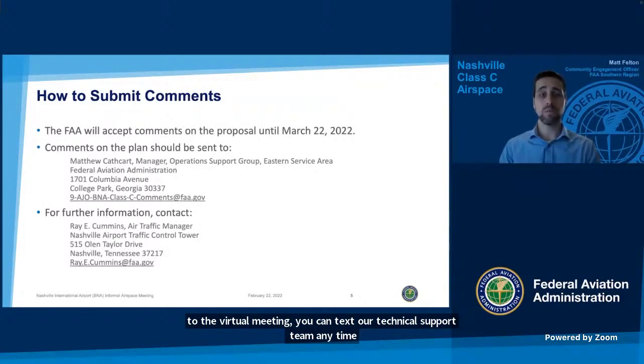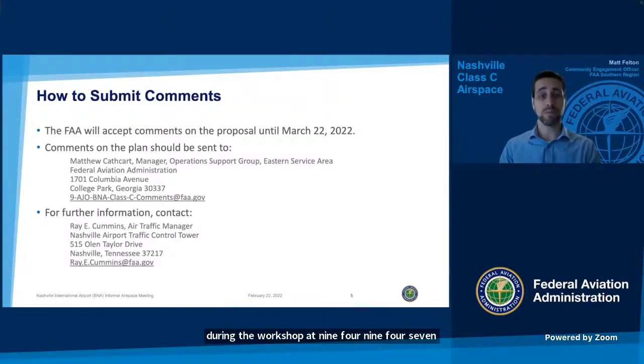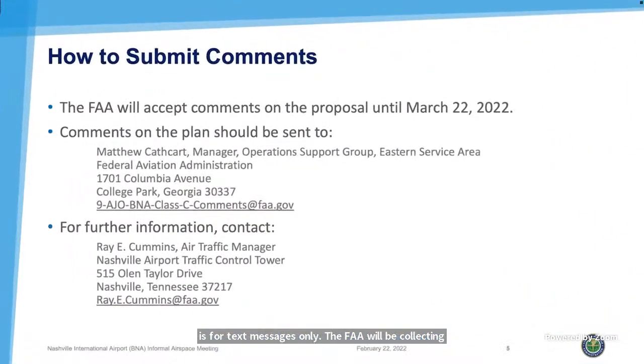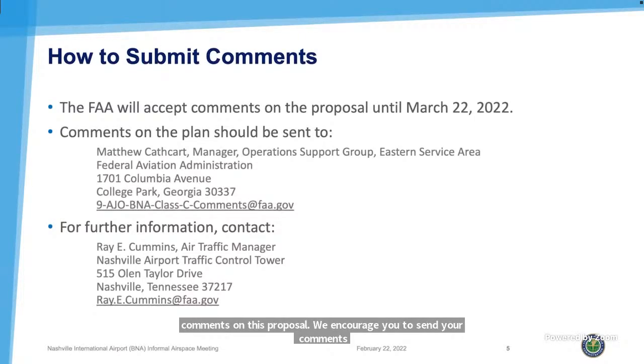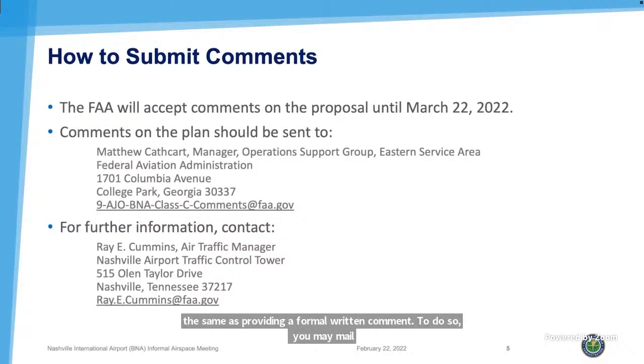The FAA will be collecting comments on this proposal. We encourage you to send your comments. Please note, submitting a question during the Q&A session is not the same as providing a formal written comment. To do so, you may mail them to the FAA at 1701 Columbia Avenue, College Park, Georgia 30337, or via email to the address shown on the screen.